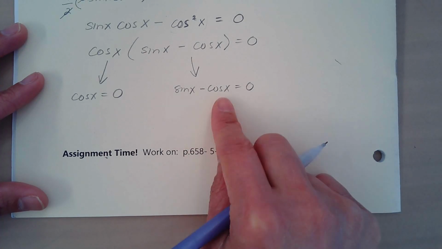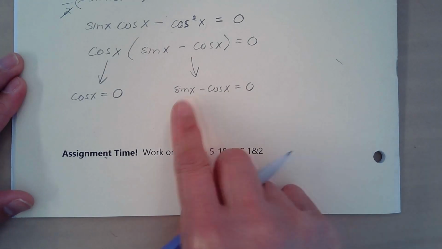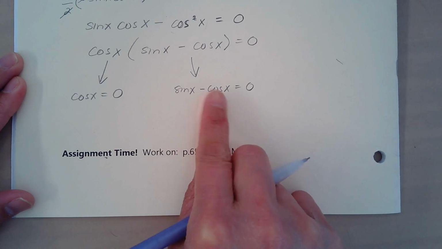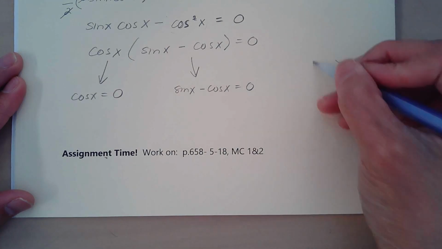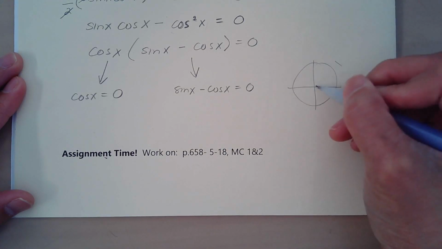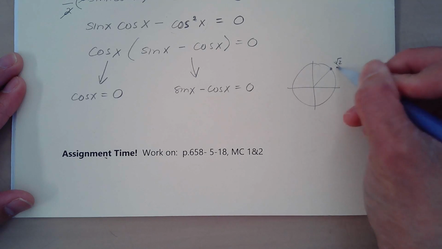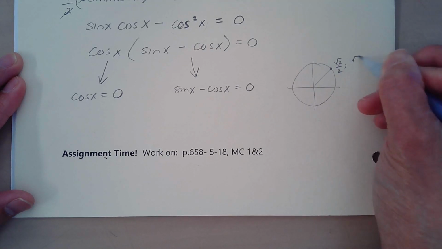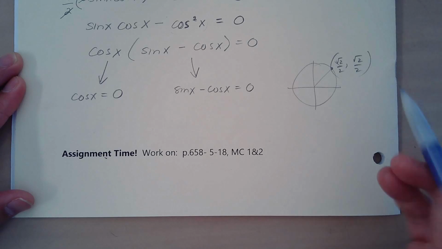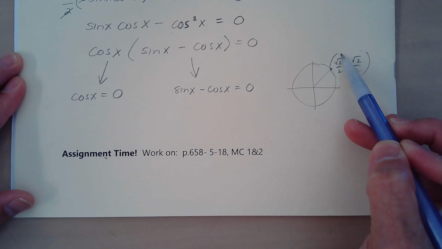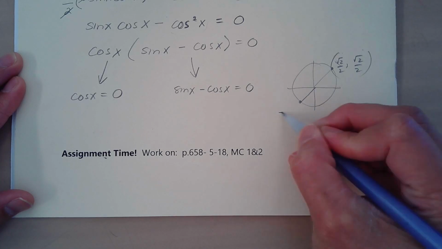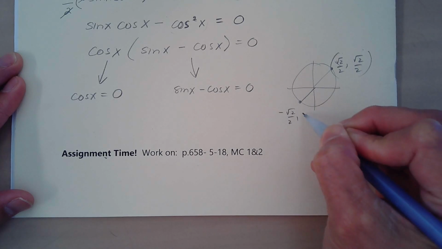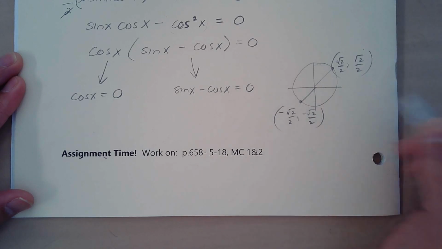So I'm going to ask you this: when is sine of x minus cos of x equal to 0? 45 degrees, right? If you have root 2 over 2 and the other one is root 2 over 2, sine minus cos will be 0, over here as well, negative root 2 over 2, negative root 2 over 2.